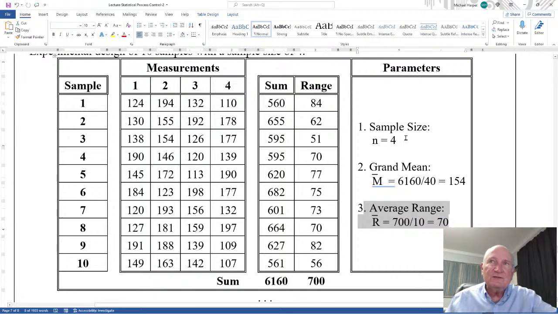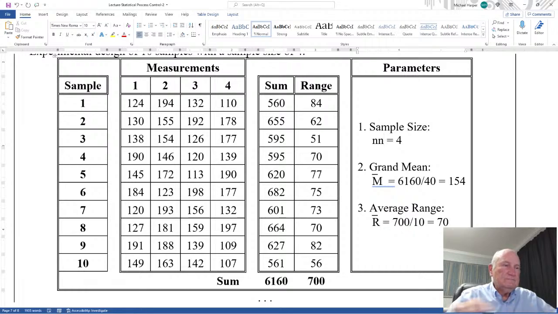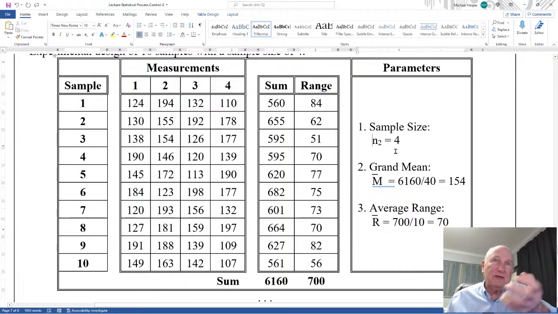First of all, the sample size n equals 4 is, again, the sample size in the chart. So the sample size of the chart is a parameter. I'll show you why in a minute. So that is something we need to pull down, and that's not going to change.